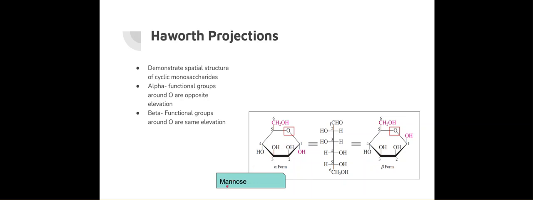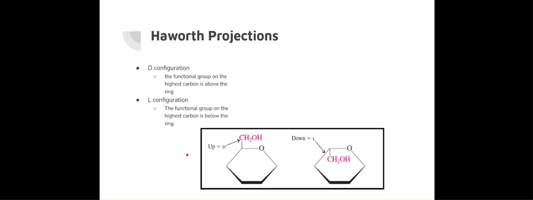This is an example of mannose, which is another aldose. In a D configuration, the functional group on the highest carbon is above the ring. In an L configuration, it will be below the ring.